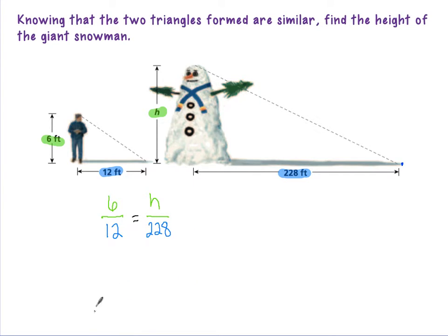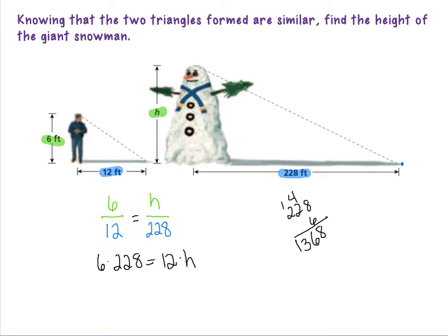We use cross multiplication, so I get 6 times 228 is equal to 12 times h. I can go off to the side and do 228 times 6. 8 times 6 is 48, carry the 4. 2 times 6 is 12, plus 4 is 16, carry the 1. 2 times 6 is 12, plus 1 is 13.